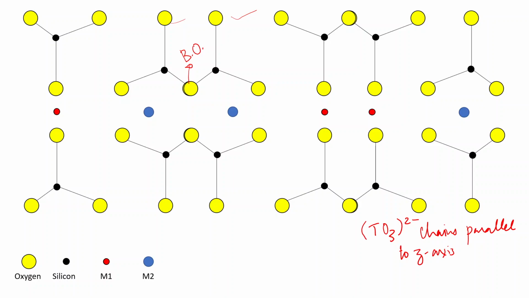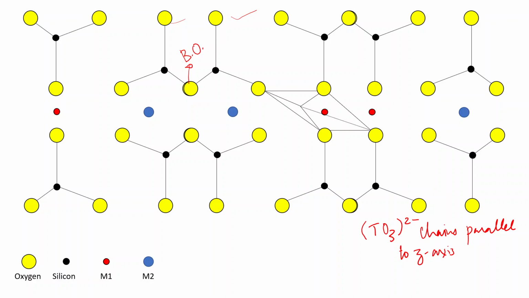Now there is an octahedral coordination. What do you understand by that? The octahedral coordination is around M1 as well as M2. So let us see what is that. See this. This red one is the M1 site. And 1, 2, 3, 4, 5 and then one behind it.